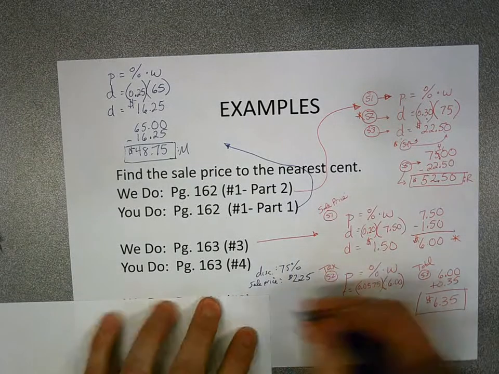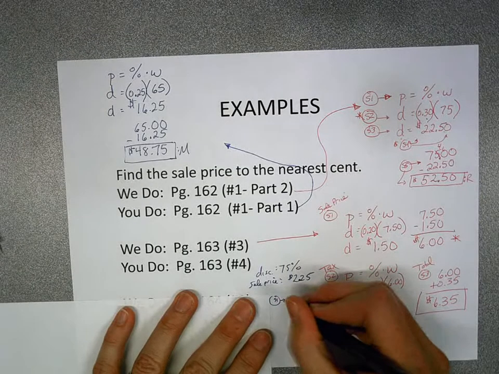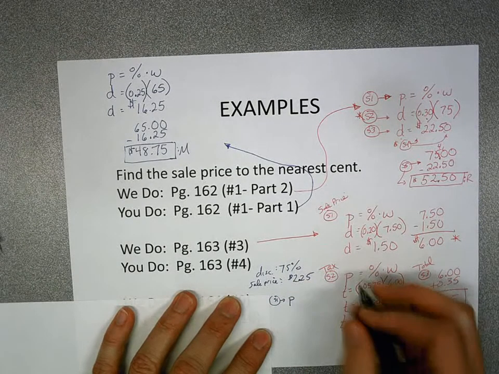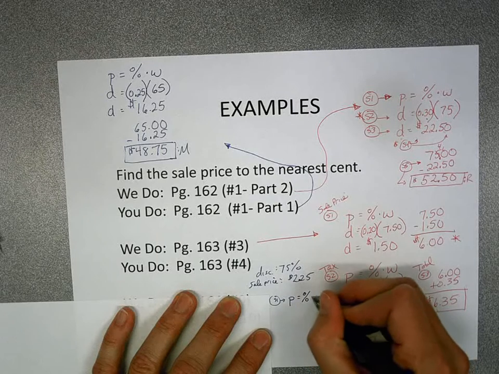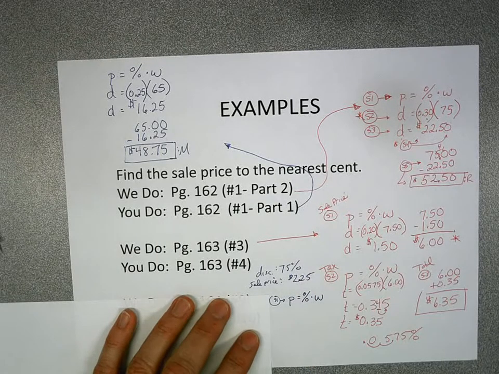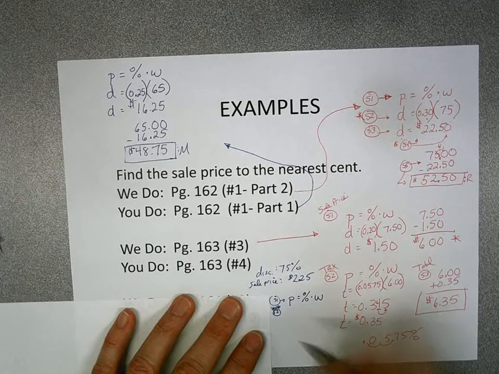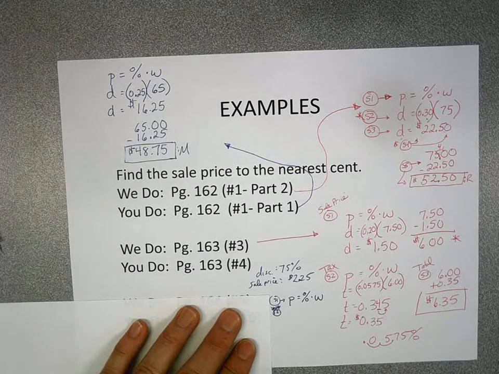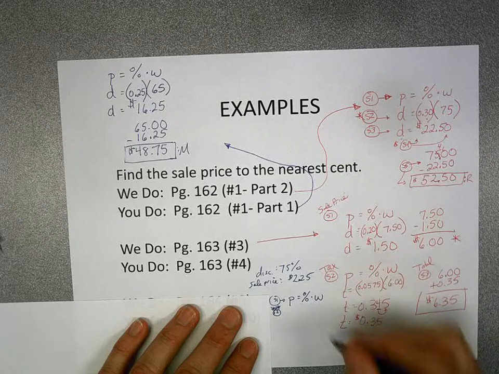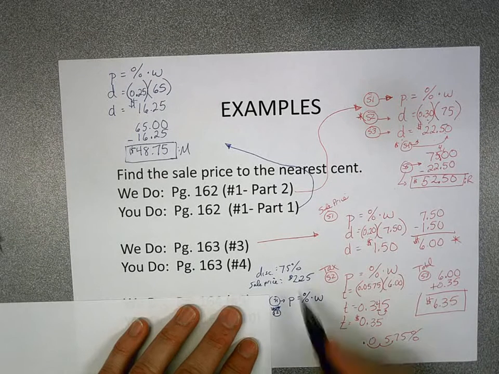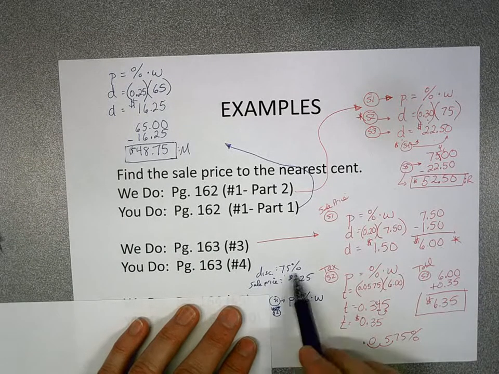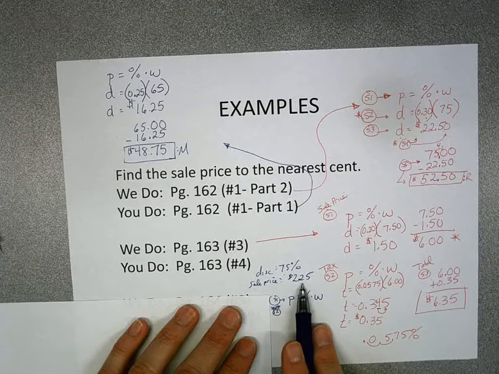Step 1 is we're still going to write our part equals percent times a whole. But now you've got to be extra careful. I'm actually putting 2 stars by step 2 because I have to be so careful. So, first, the discount is 75%. The issue is the sale price is $2.25.